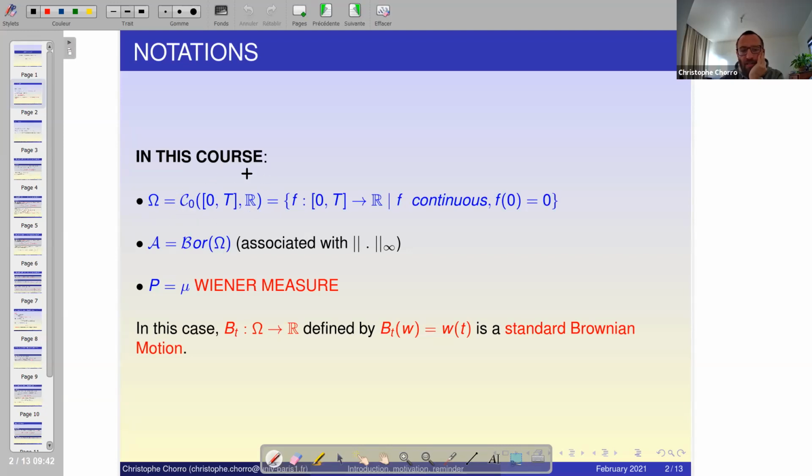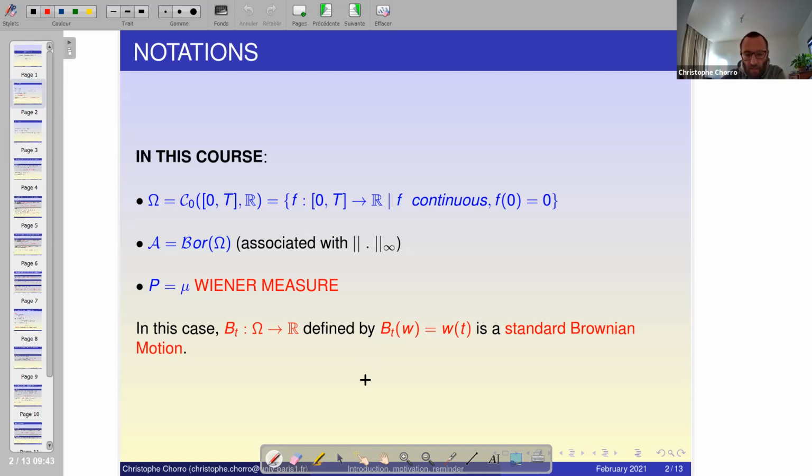Omega is a Banach space when equipped with the infinite norm, the norm of the supremum.